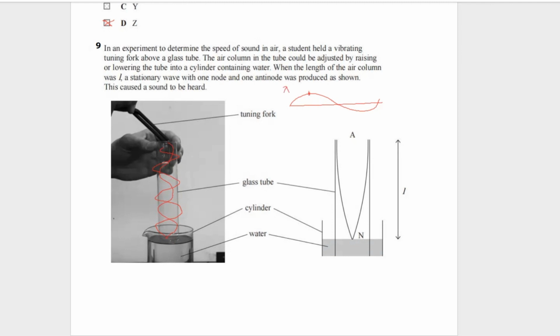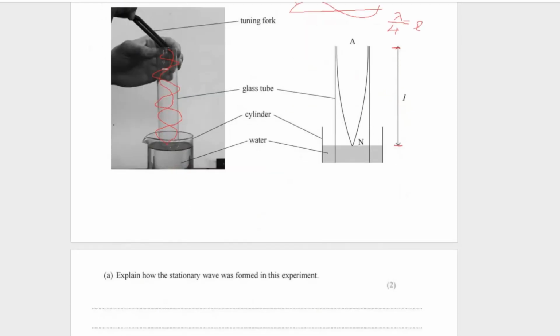So you could find out the wavelength is four times this length. In this whole length where you are getting the standing wave, only lambda by 4 is there. So lambda by 4 is equal to the length.